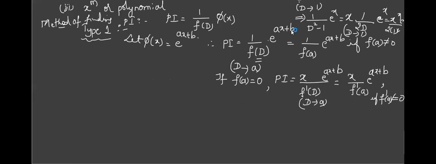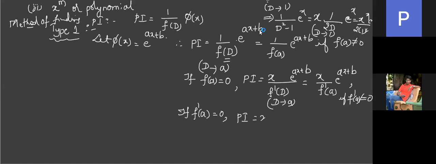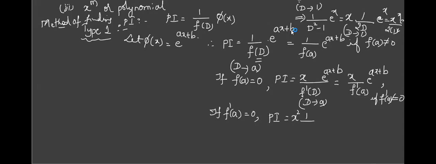But in some problems, it may again be 0 also, no? Is the possibility there? Yes, ma'am. So suppose f dash of a is becoming 0, can you guess what has to be done again? Multiply by 1 more x, so it becomes x square, and then differentiate the denominator. What is the derivative of f dash? f double dash of d.